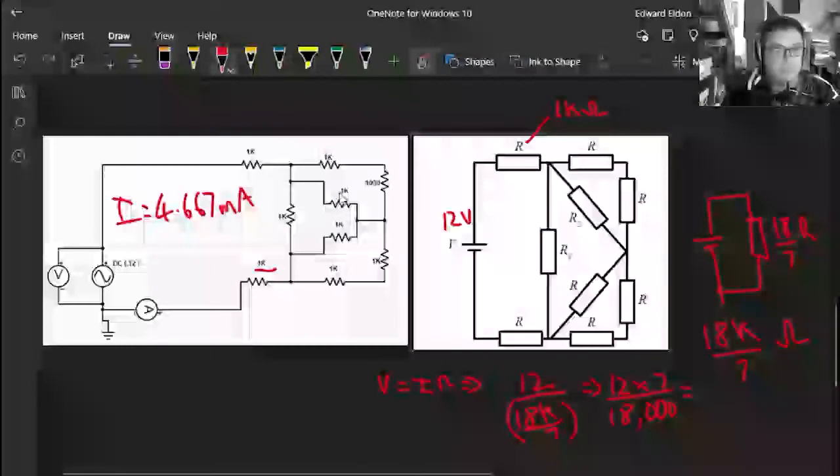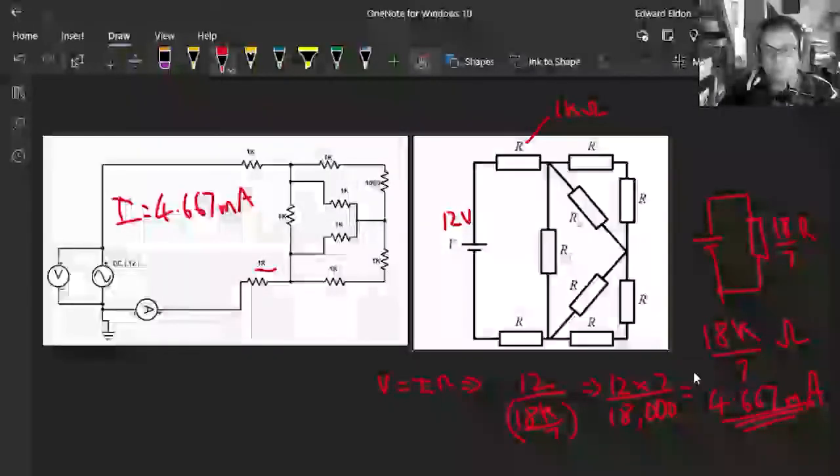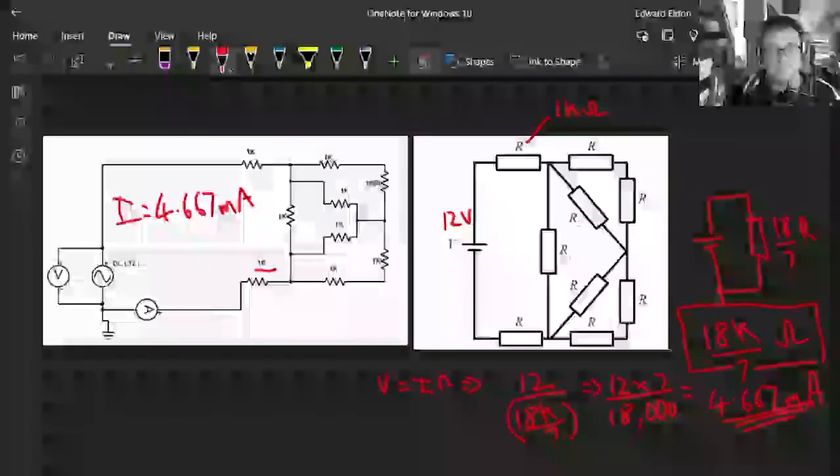And he's back from reaching for his calculator, and hey presto, that does indeed come out as 4.667 milliamps if you go to the same number of significant figures. So what we've proved here, the simulation has proved for us that mathematically we have handled this resistor network correctly when we get the value of 18,000 over 7, or 18R over 7, perhaps I should say.